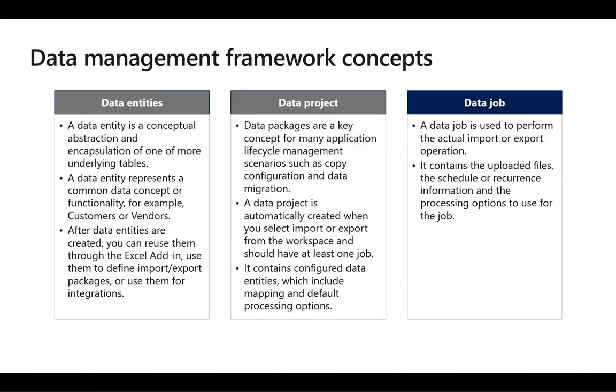It contains the uploaded files, the schedule or recurrence information, and the processing options to use for the job. A data job is created when the import or export operation is performed. The data job creates an instance of the data project and runs it.